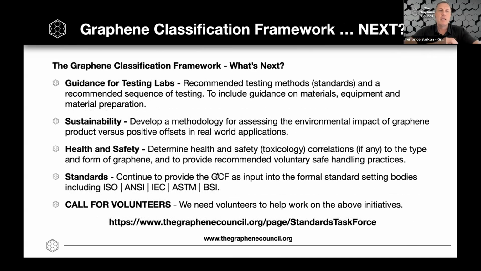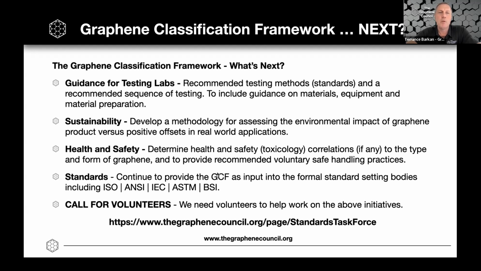Now, what's next? We're going to provide a separate document for laboratories that want to do Graphene Classification Framework testing so that they know what sequence of tests would be performed. So without going into too much detail, of the 19 measurands, one method of testing might result in several of those.